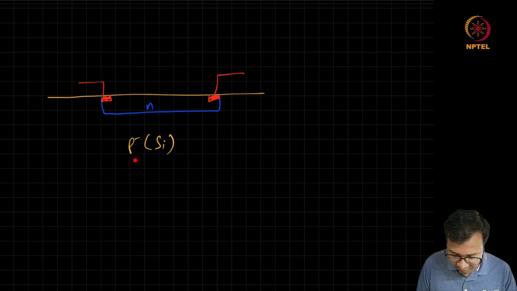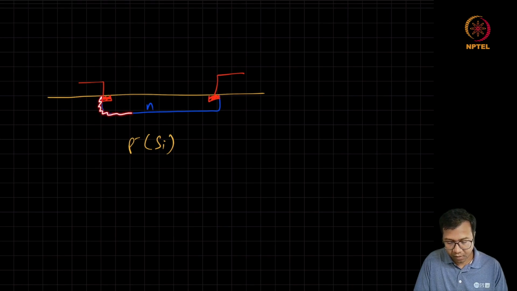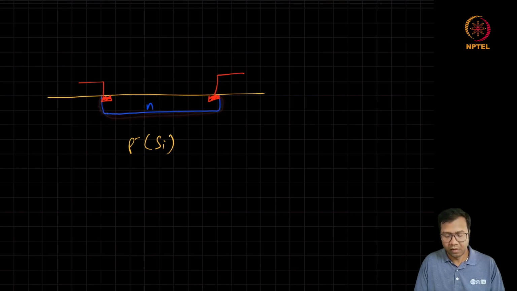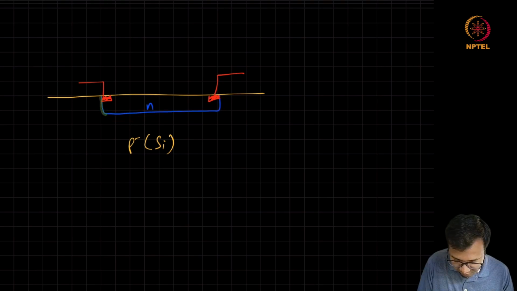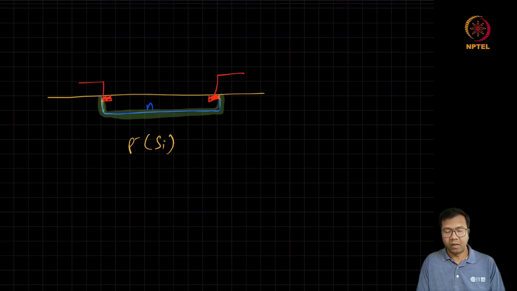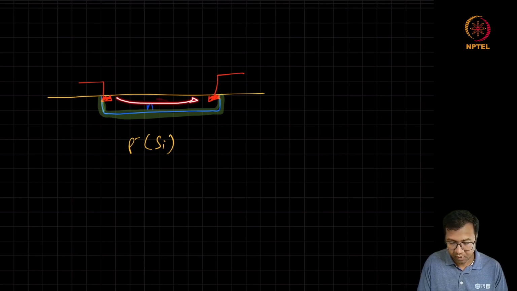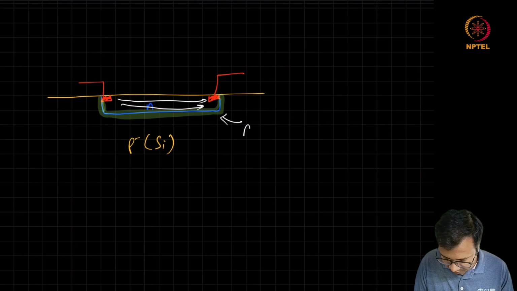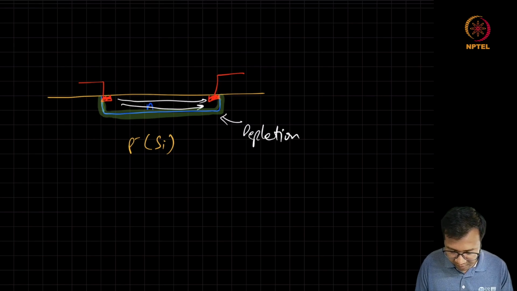Since the substrate is already P-type and we are adding an N-type diffusion to this, there will be depletion around the external surface of the diffusion resistance, and this depletion will decide the effective cross-section area in which current can flow. So effectively it's forming a PN junction.